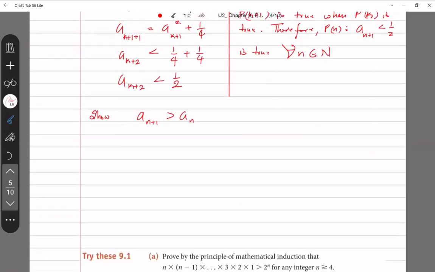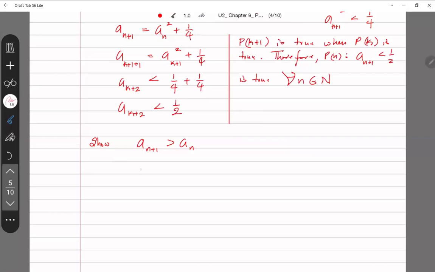This is our defining equation for our sequence: a_(n+1) is equal to a_n squared plus a quarter. Here's what I'm going to do. I'm going to subtract a_n from both sides.